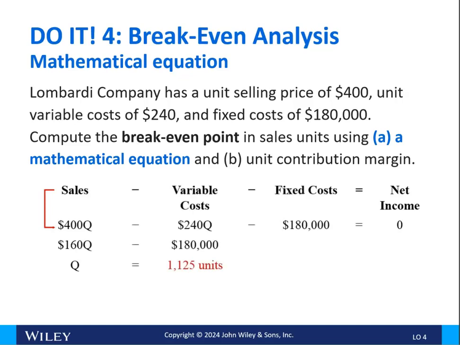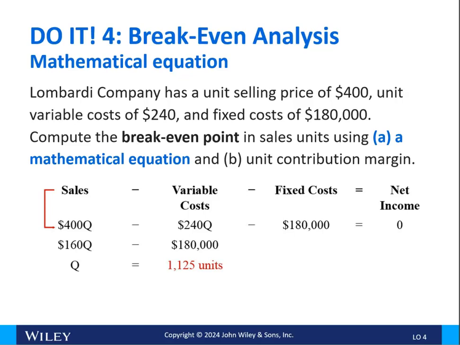So using the mathematical equation, sales minus variable costs minus fixed costs is net income. If we set our net income at 0, our sales are $400 times quantity minus $240 times quantity minus $180,000 of fixed costs.